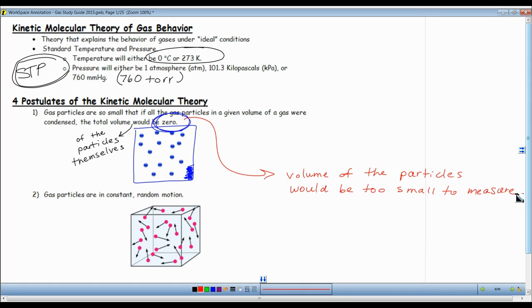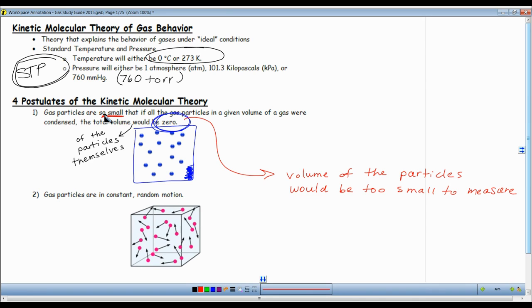So what they want you to get from this statement is really just that gas particles are so small. I mean, any particle for that matter. Atoms and molecules are so small, and gas particles are so far apart that even though I could have 1,000,000 gas particles in a container, I could condense them together, and I really might not have any measurable volume. Particles are small, and they're far apart.